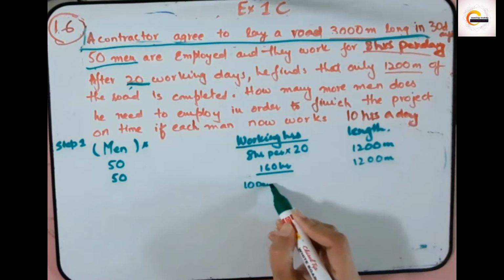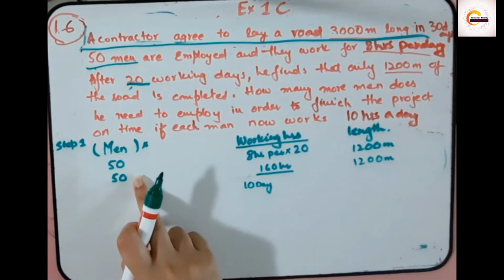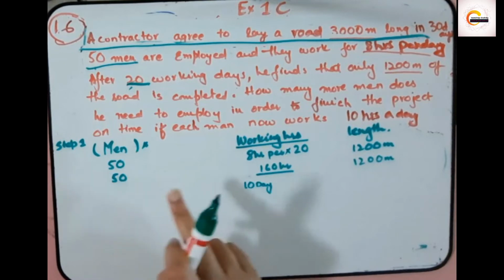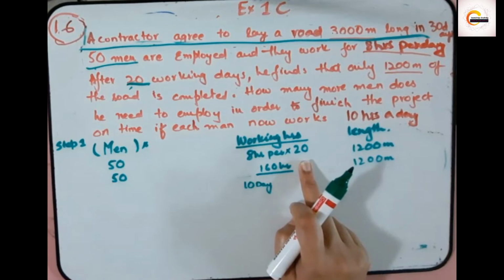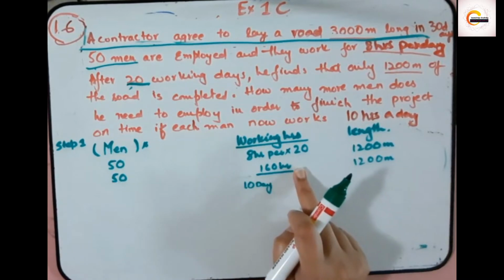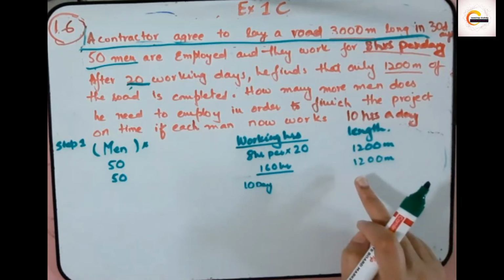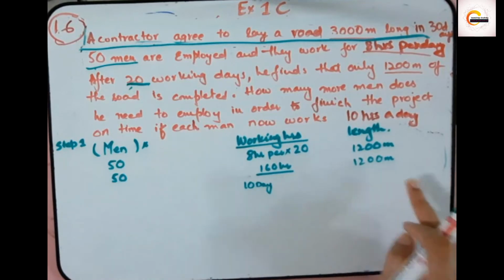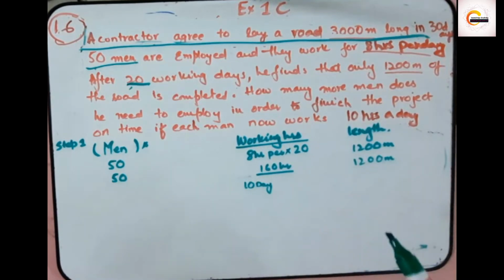So we have to find out, if the 50 men have worked for 160 hours and laid the road 1200 meter long, how long a road they will build in the coming 10 days.